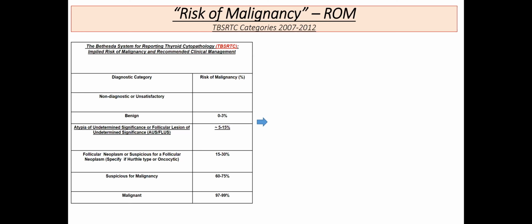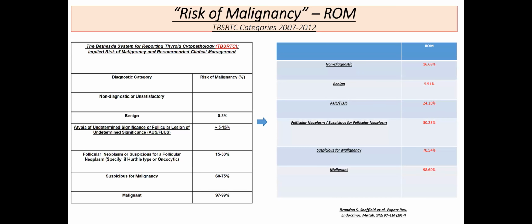So that's why this literature is going to be very heterogeneous. That's why we provided the ranges for the risk of malignancy in the first edition. But as we know, when you use those in real practice, they may not hold true.